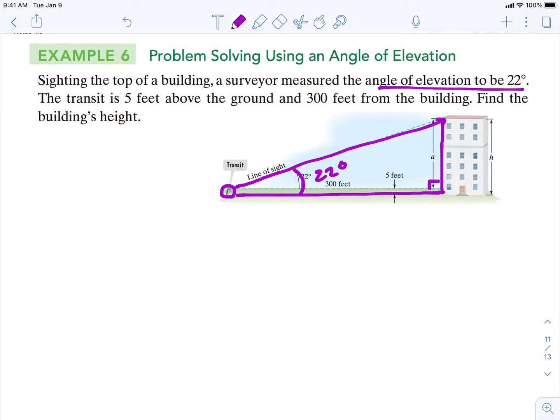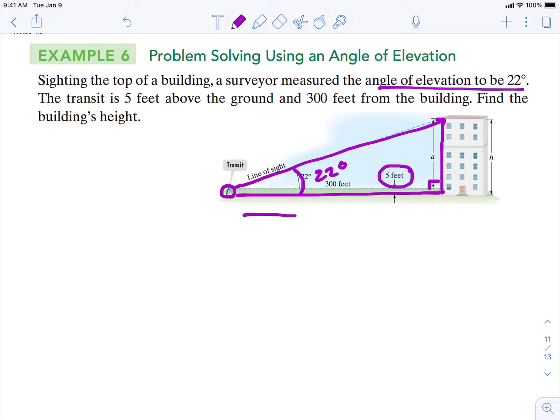The transit is 5 feet above the ground, and 300 feet from the building.